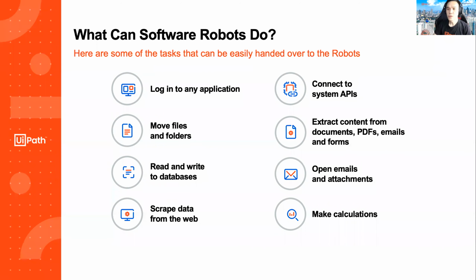And what can software robots do? So again, like I said, it can more or less do the same things that we do on our computer. It can log into applications, move files around, read data from Excel, read data from PDF, read data from databases, go to a website and scrape some data off a website.